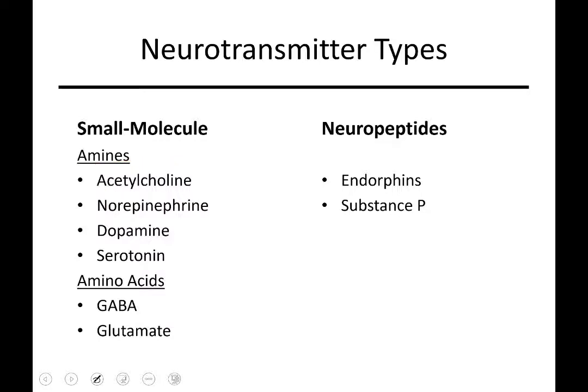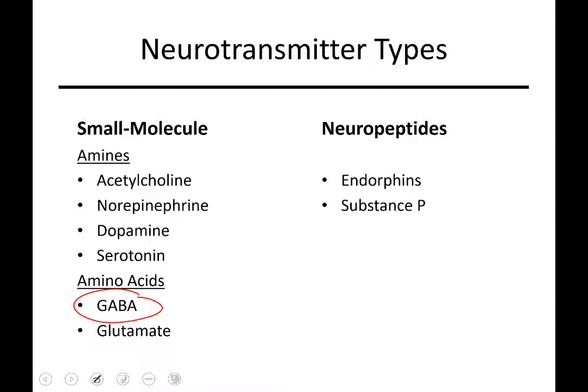So glutamate, GABA, who can remember what GABA does? It's our inhibitory neurotransmitter. So it keeps our thresholds low, and it takes us further away from depolarization. If you have a problem or a pathology associated with GABA, it would be epilepsy.